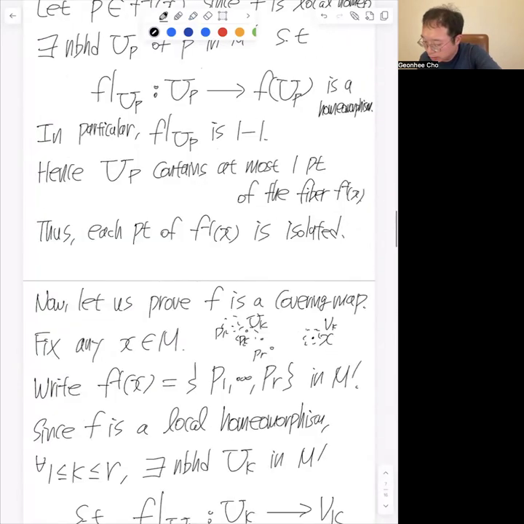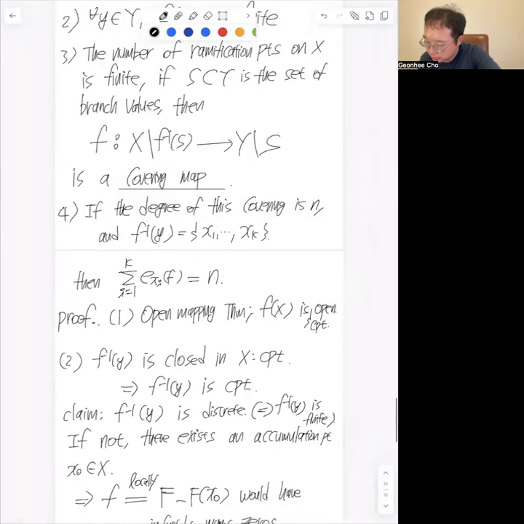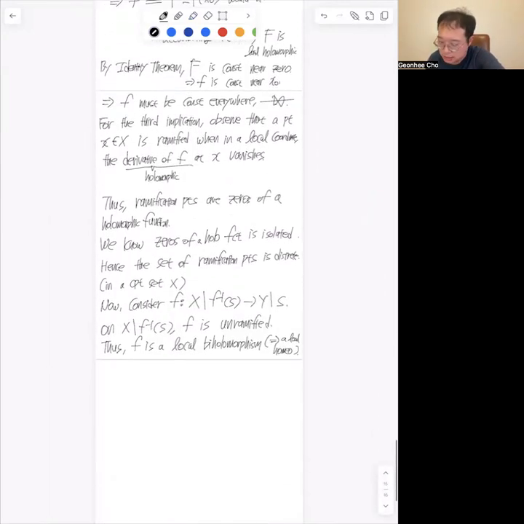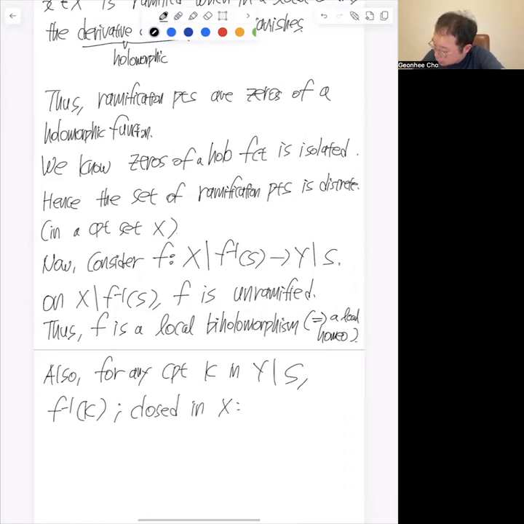If we start from a compact subset of the codomain, then the inverse image, since a compact set is closed, must be a closed set, and a closed subset inside the compact set must be compact. So therefore, the second condition is also satisfied: for any compact K in Y complement of S, f inverse of K is closed in X, which is compact.